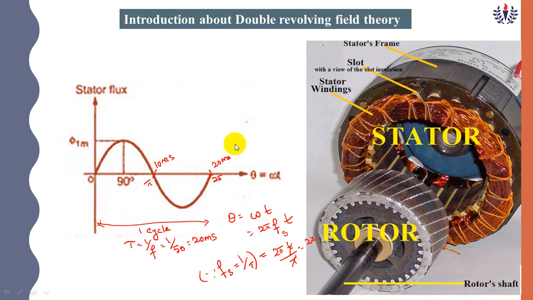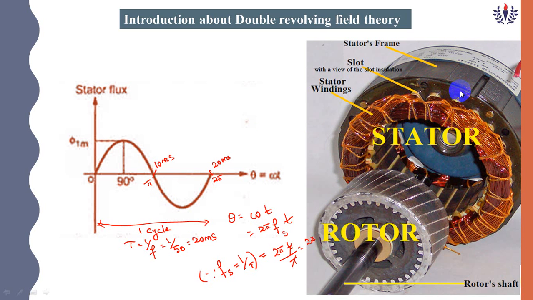Now, in this diagram, you see a single phase motor. If you take a motor and open it, you will see these parts. This part is a cover, on which the nameplate details of the motor are printed by the manufacturer.